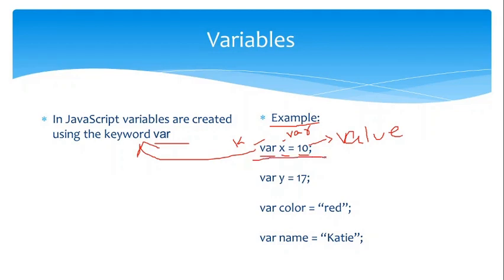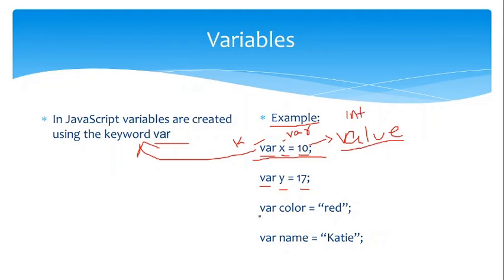This is a defining example. In the same way, we take y is equals to 17. Here also var is the keyword, y is a variable, and 17 is a value. The value is nothing but an integer value.